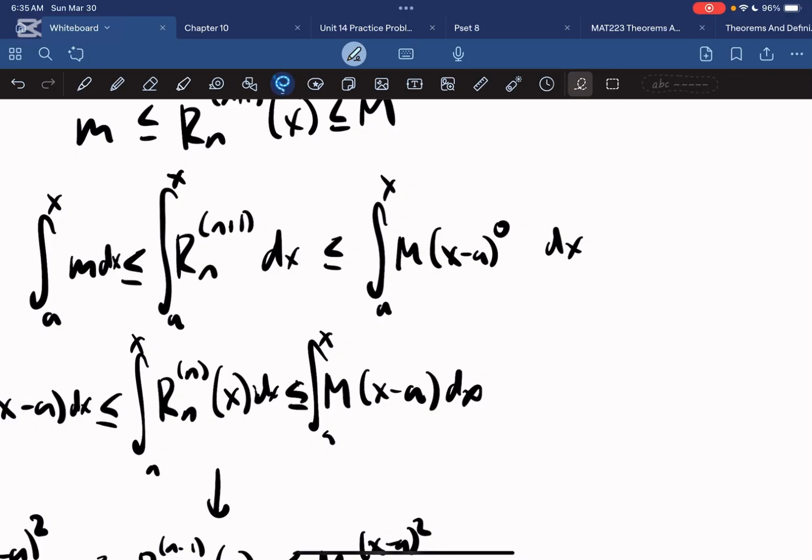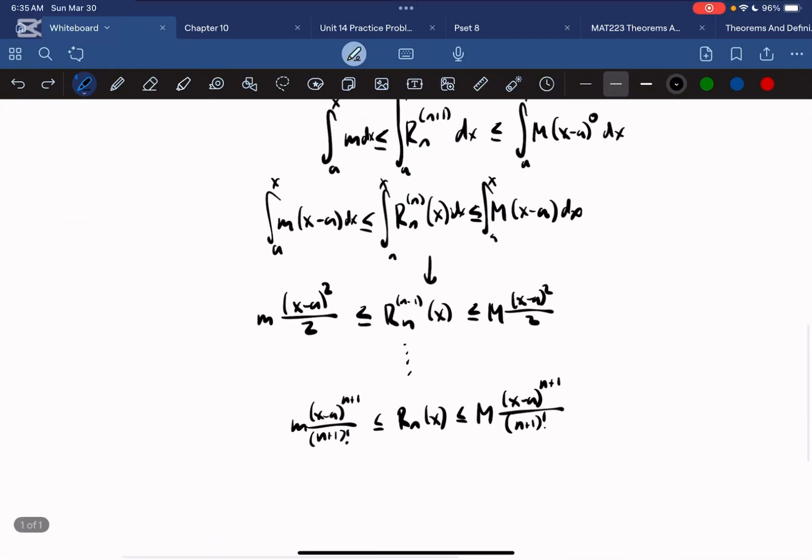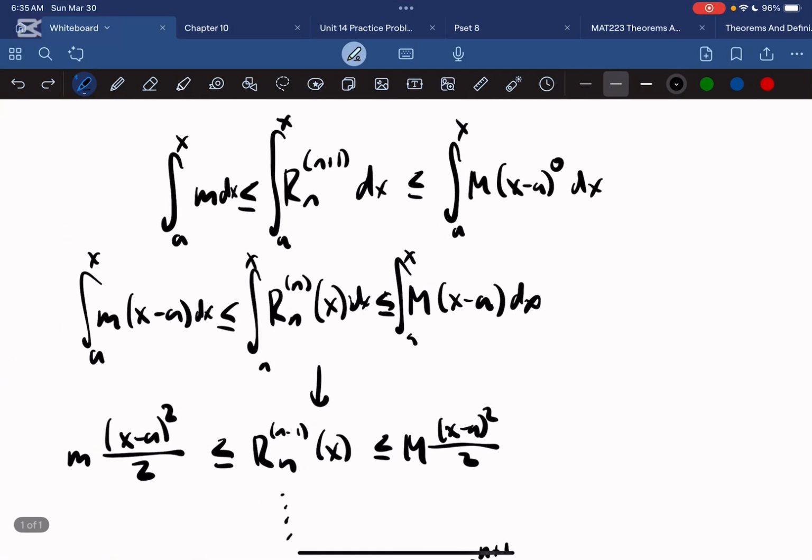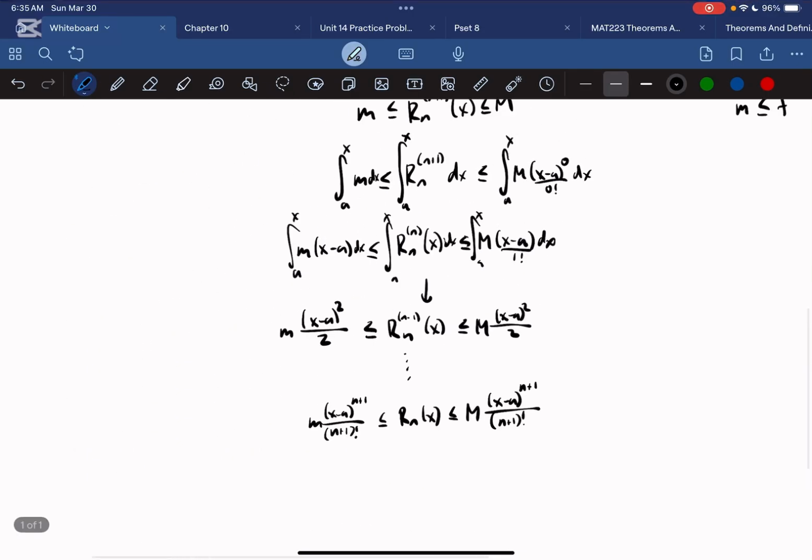So we're adding 1 to this degree each time, and we do it n plus 1 times. So our degree at the end should be n plus 1. And obviously the bottom is just factorials. This is 0 factorial, this is 1 factorial, this is 2 factorial.